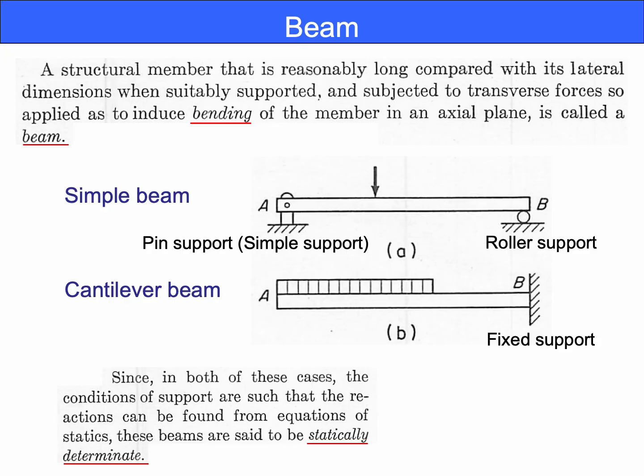Let's delve deeper into the function of each support type. The distinction lies in the number of restraints imposed on movement. The pin support, also called simple support, is designed to prevent translation in both horizontal and vertical directions, but allows the beam end to rotate freely.